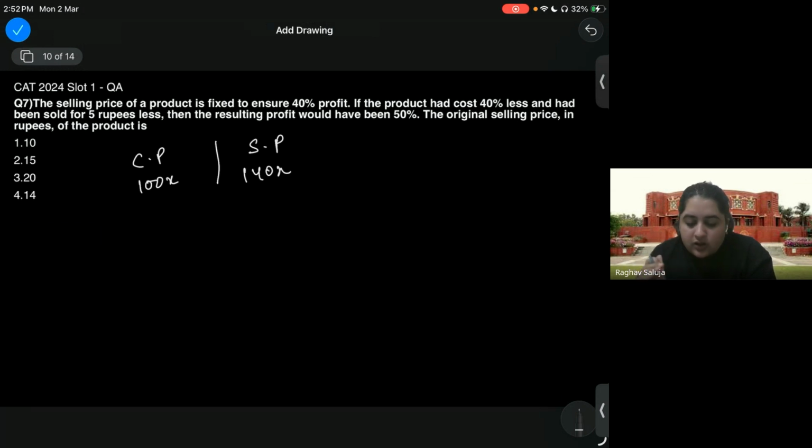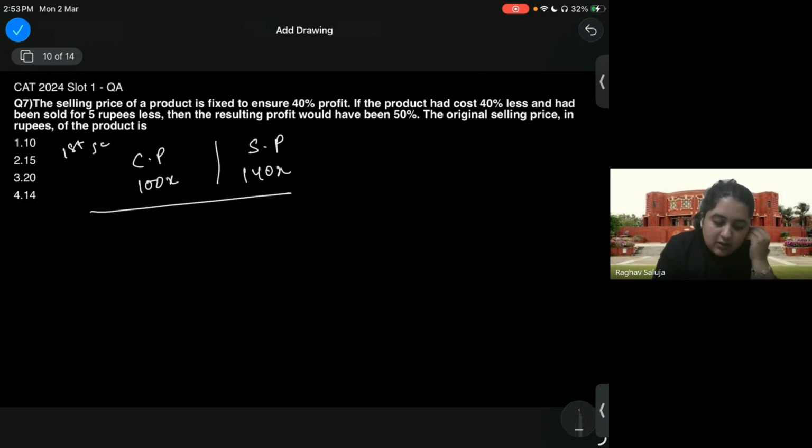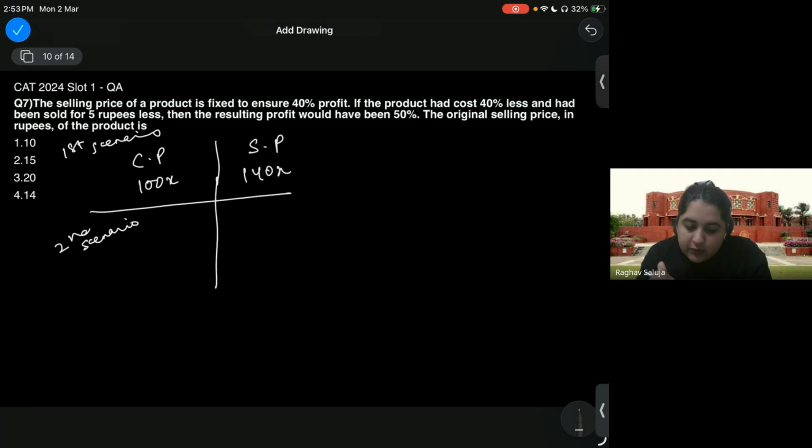This is the first scenario, and in the second scenario, if the product had cost 40% less, that is 1 minus 0.4 into 100x, that is nothing but 60x. We decrease our cost price by 40%. 40% is 40x, and that is the amount we decrease our cost price with. So 100x minus 40x is equal to 60x.